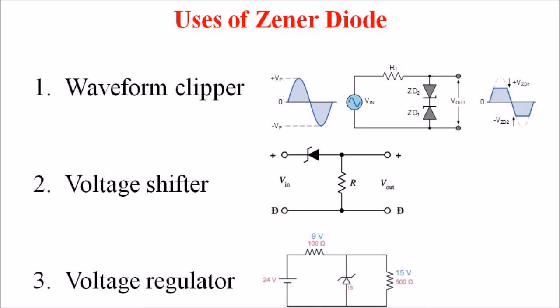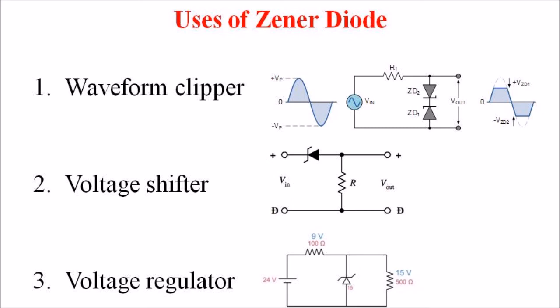Another application is a voltage shifter. A Zener diode can be applied to a circuit with a resistor to act as a voltage shifter. This circuit lowers the output voltage by a quantity that is equal to the Zener diode's breakdown voltage.